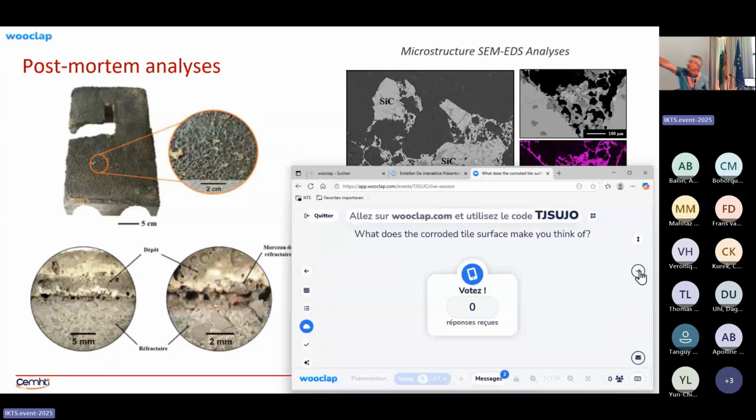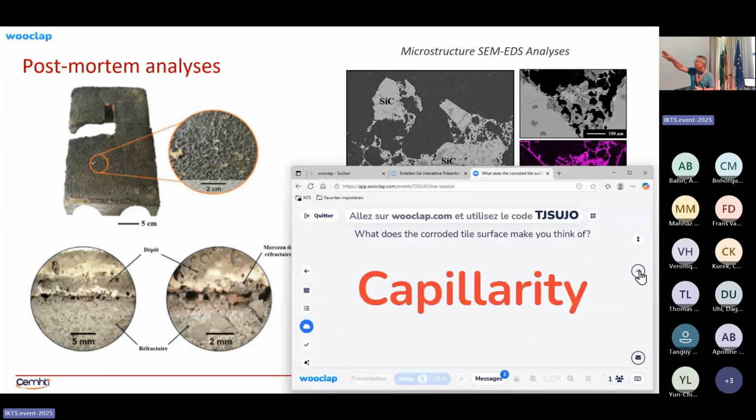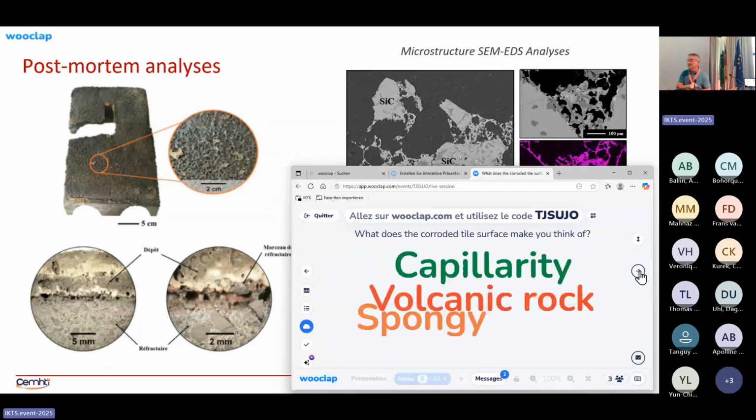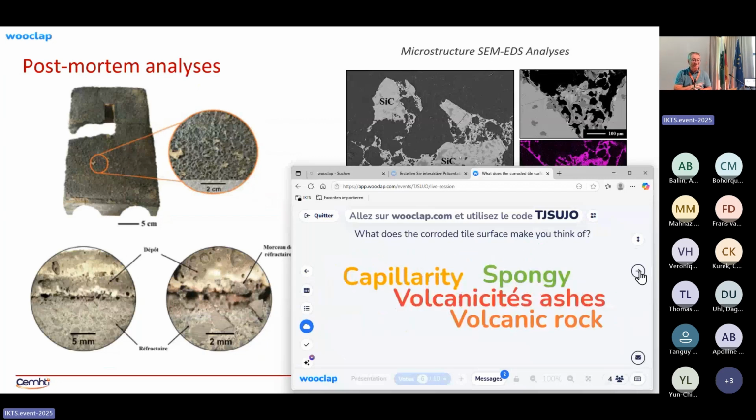If you look at the tile here on the top left, what do you think about this photo? Does it make you think about something in particular? What can you see, what can you observe? Capillarity, not so much. Spongy, right, spongy, like pumice.